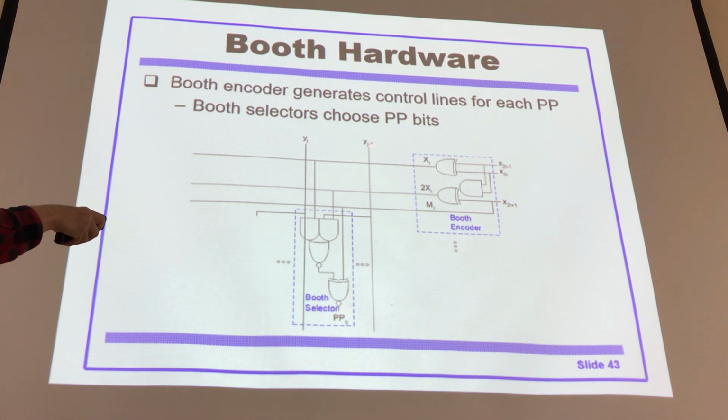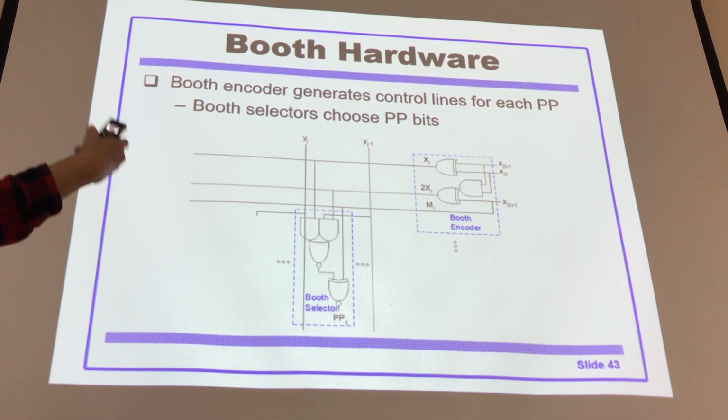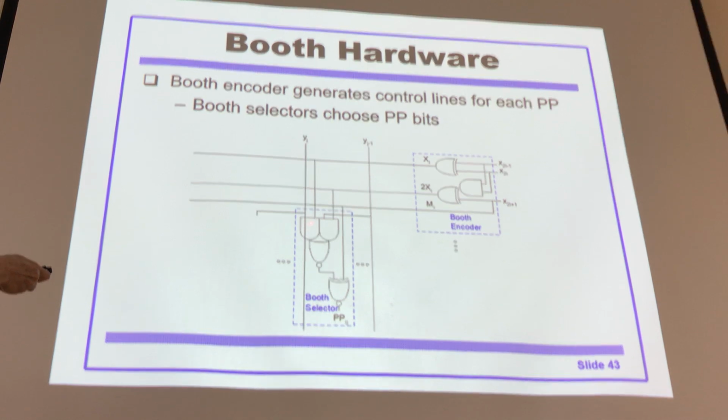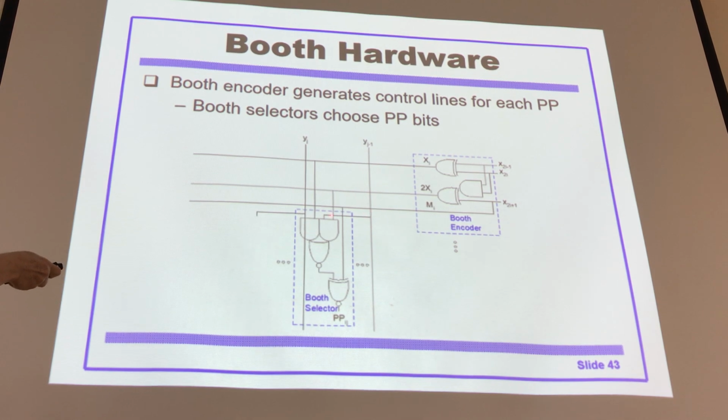So multiply, YI minus 1 shifts left to this bit position. If this bit is 1, then this bit will go through. So this is a multiplexer, either choosing YI or choosing YI minus 1, depending on either this bit is 1 or this bit is 1. Only two cases.